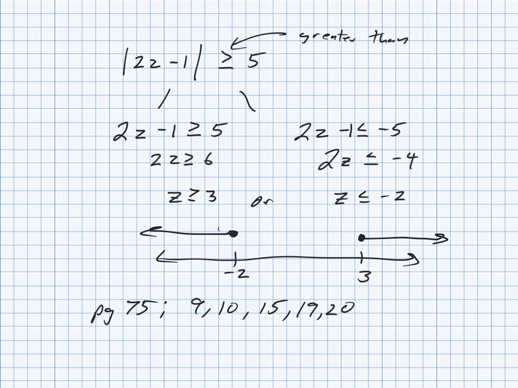I can give you the answers to 10 and 20. I don't have the graph, but for 10, the answer is going to be x is less than -2, and x is greater than 2/3. For number 20, you would get the answer of 0 and 3.